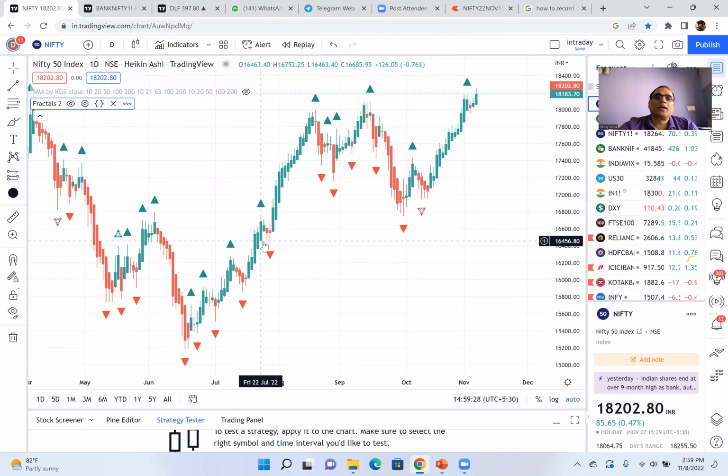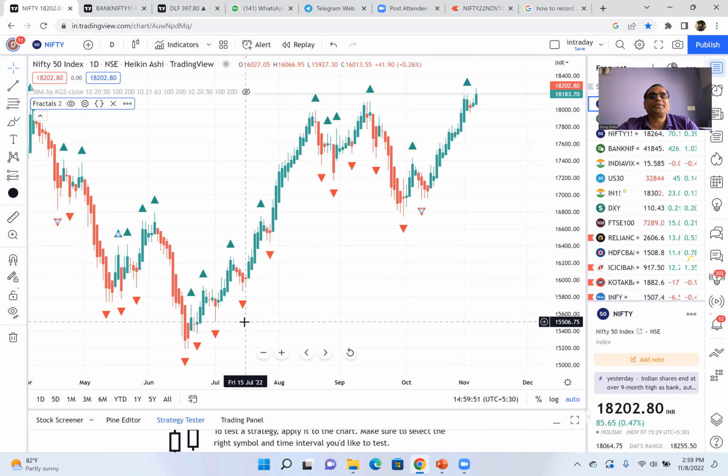So I will trail it, rather than, if I didn't have the fractal, I would have waited for the 26th July candle to get formed, and that candle low becomes my trailing stop loss. Slightly better result, not drastically better than whatever I just described.